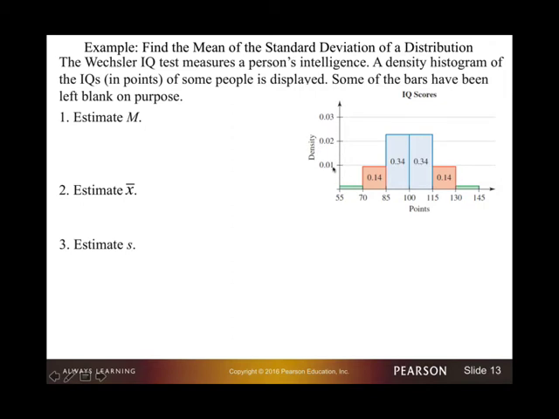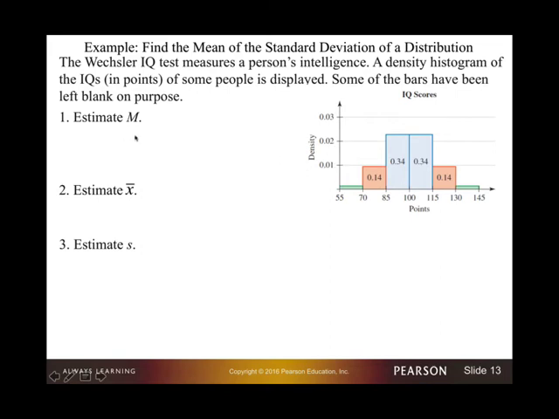This is a density histogram. When we have a density histogram, the area of each rectangle is equal to the relative frequency for that class. One more time: this means from the class interval from 70 to 84, the relative frequency is equal to 0.14. And this is for the density histogram.